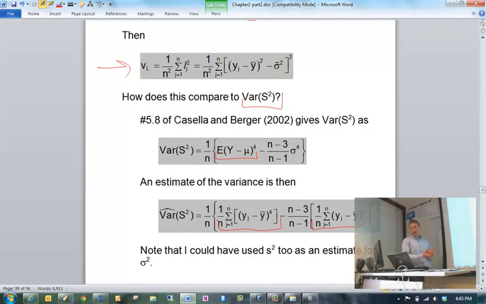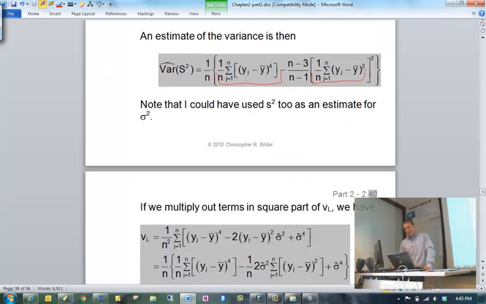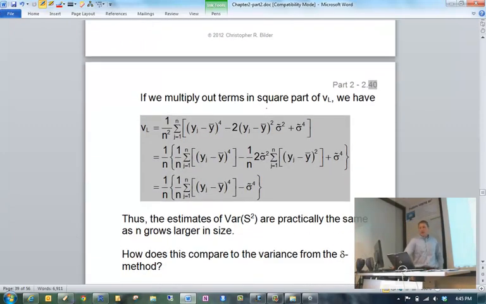Now I might be thinking, geez, that looks a lot different than what's up here with the non-parametric delta method. No, actually it's not that much different. I'll let you go through the details on your own: multiply some stuff out, do some algebra, and you can show the non-parametric delta method estimate of the variance is this right here.